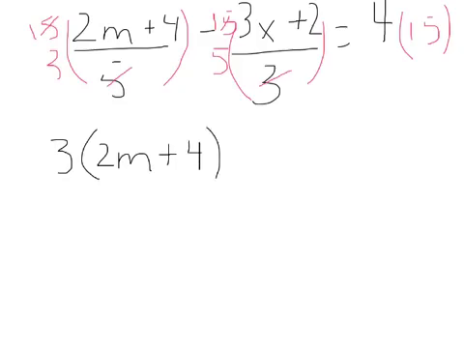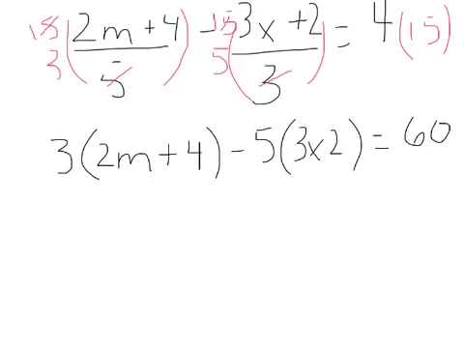So I have 3 multiplied by 2m plus 4. Here I have 5 multiplied by 3x plus 2. And if you want, you can multiply this out here. 4 multiplied by 15 is 60. Our next step is to do distributive property, gather our like terms, and solve.